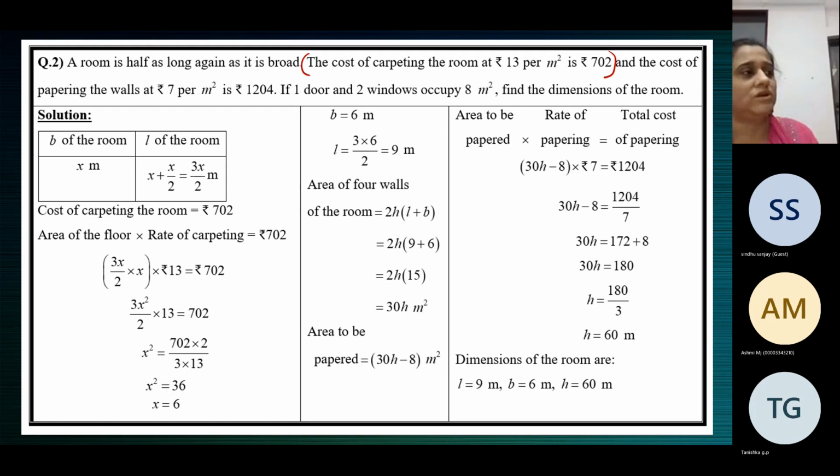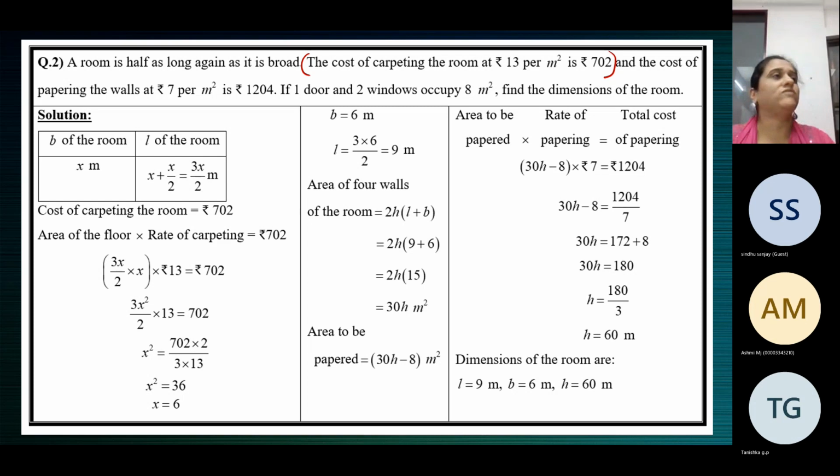Because nothing is mentioned, we assume that the entire floor area is carpeted. Nothing is given, so what can you assume? That the entire floor area is carpeted. What is the cost of carpeting? 702 rupees. You have spent 702 rupees to carpet the floor. How would you have calculated that? You first find the area of your floor into the rate given by the person who carpets it, 13 rupees for 1 meter square.